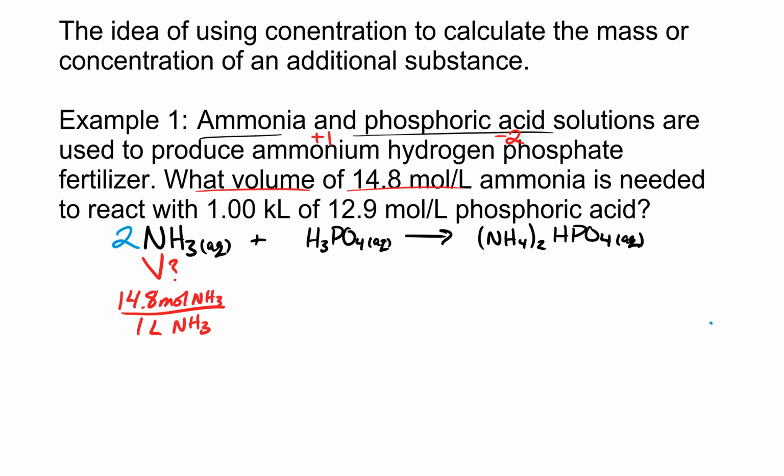All right. What other information do we also have? We have 1 kiloliter of phosphoric acid, 1.00 kiloliters H3PO4, and we have 12.9 mole per liter phosphoric acid, so 12.9 moles of H3PO4 in every 1 liter of H3PO4. That is the definition of concentration, no problem. What else do we need?